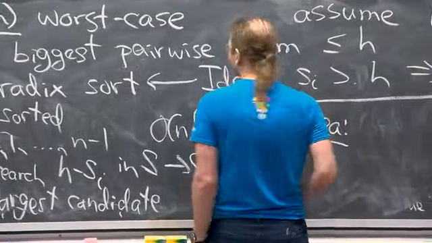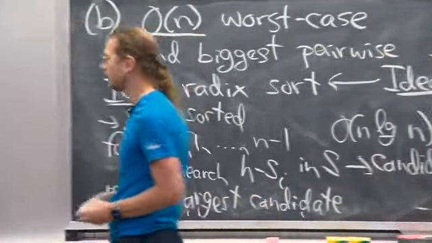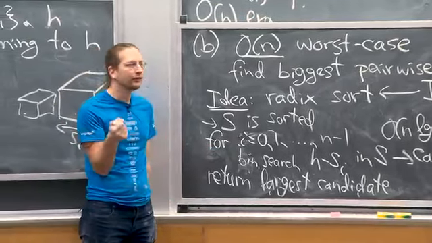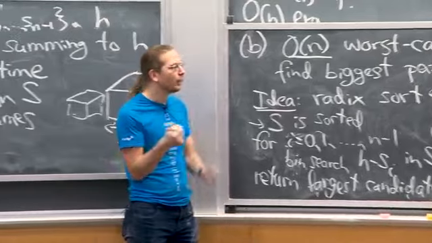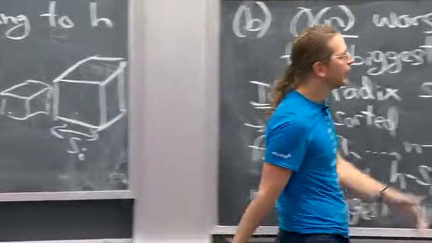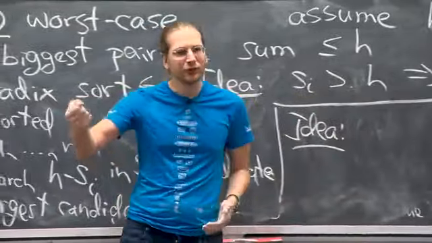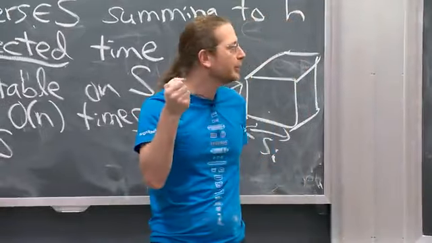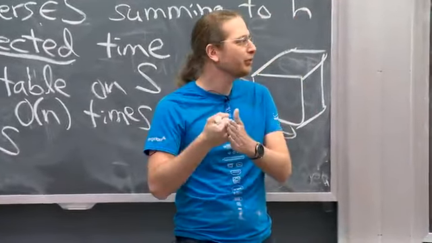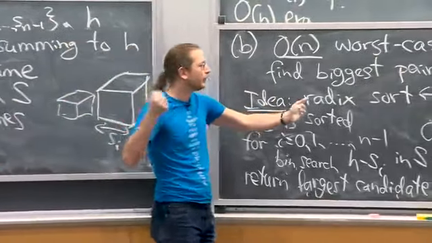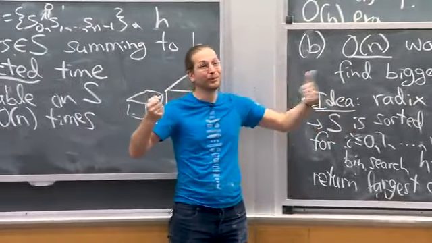The best intuition I can think of for this next idea is, well, I start with the very smallest item in S. And I want to sum up to something that's kind of big. Right? I threw away all the items bigger than H. If S0 is tiny, close to 0, because it's the smallest one, then maybe I should look at the end of the array, because I want to add the smallest thing probably with the biggest thing.